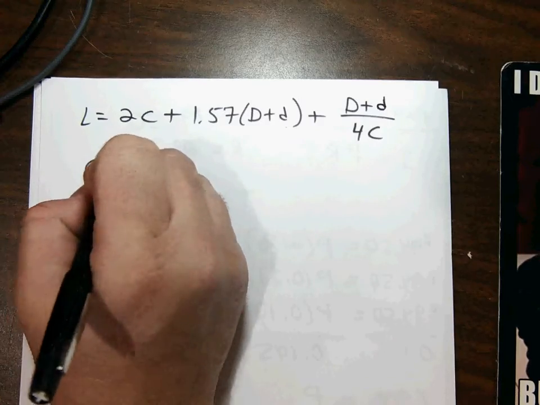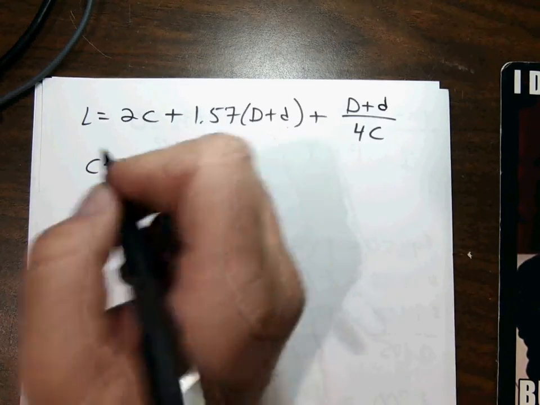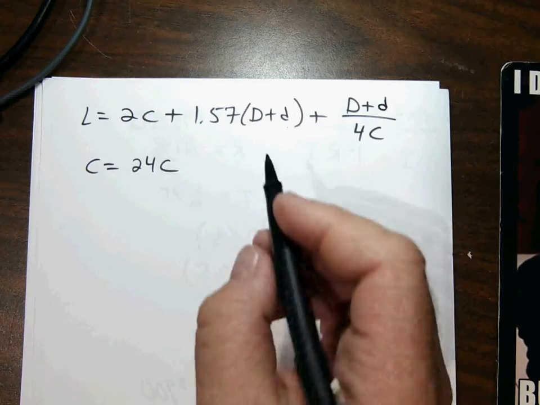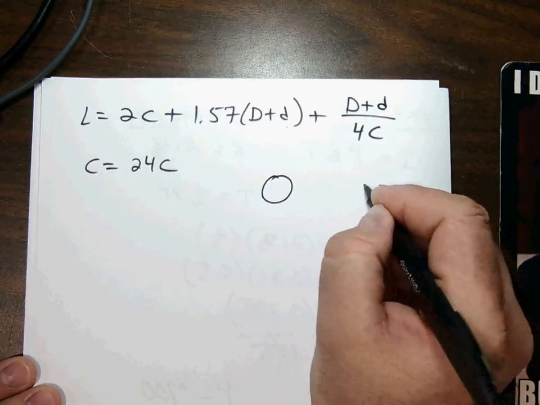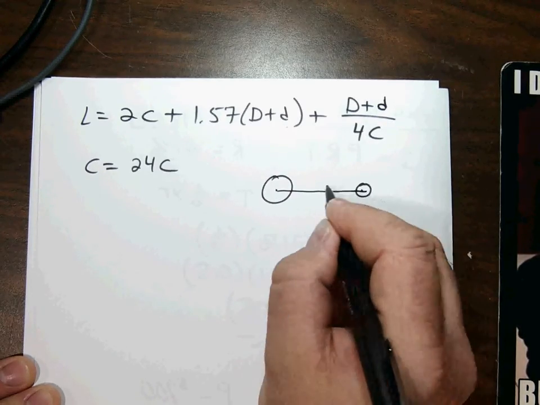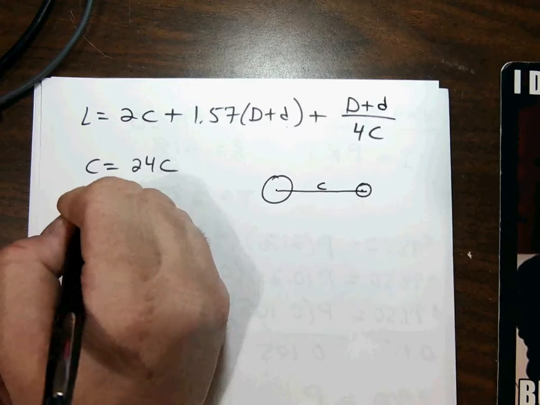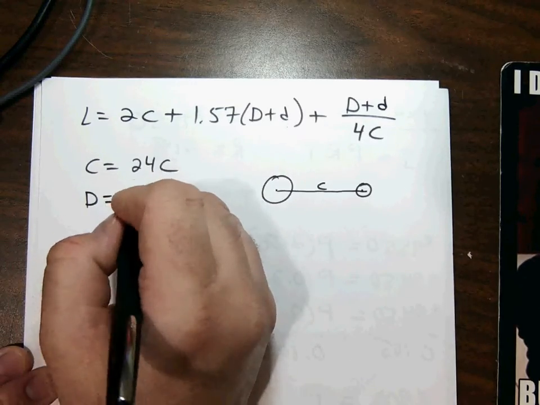We're told what C is. C is 24 inches. Remember, that was the distance between the two wheels, the two pulleys. This distance here to here was distance C. We're told what big D is. Big D equals 16 inches.